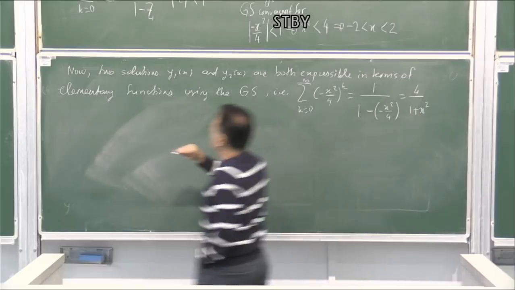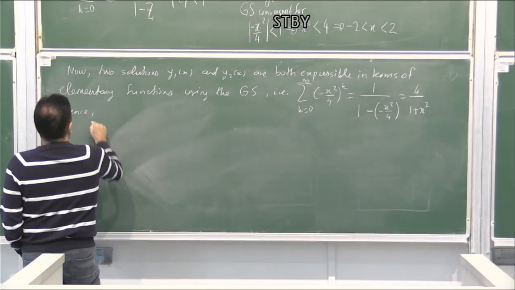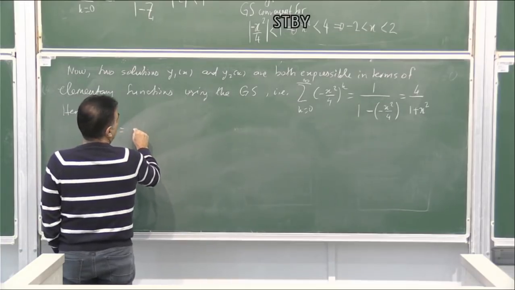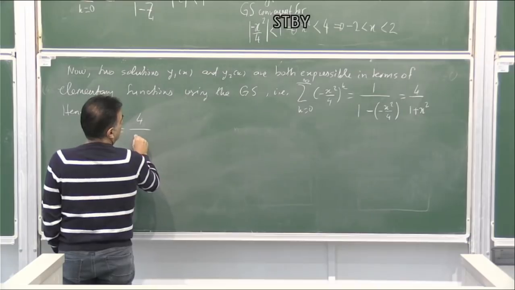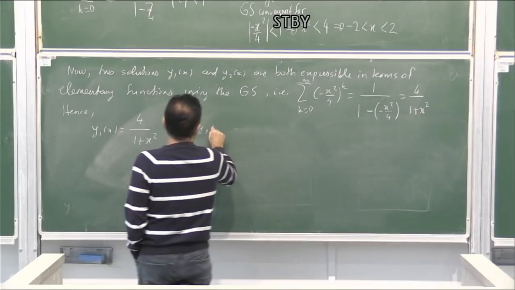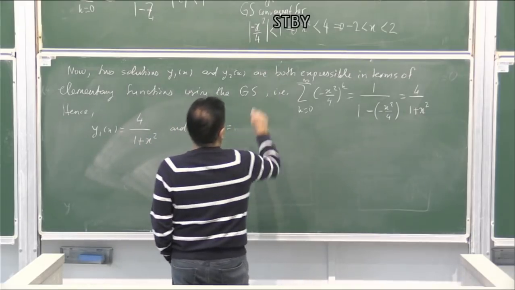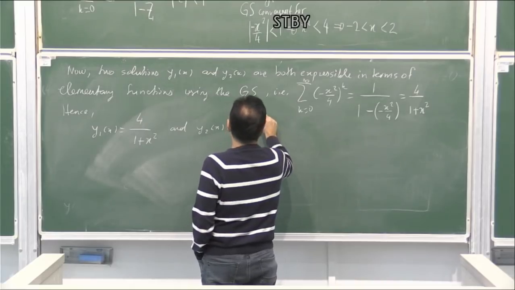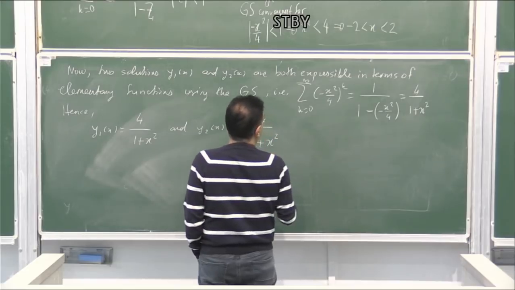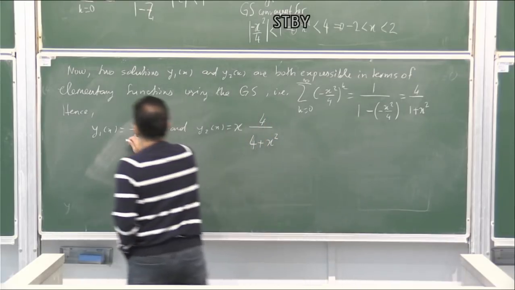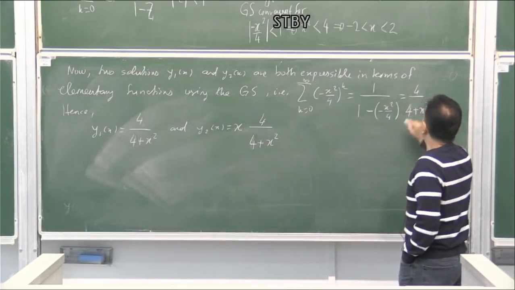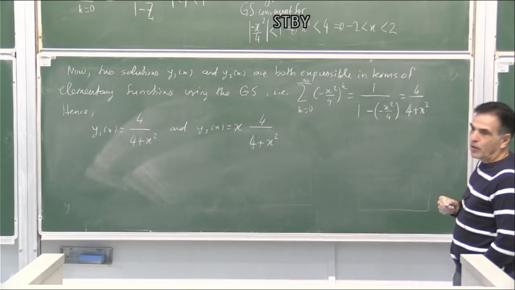And therefore, hence, y1 of x is nothing but 4 over 4 plus x squared, and y2 of x is x times 4 over 4 plus x squared, multiplying throughout by 4. Good.